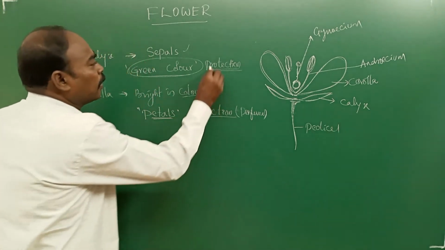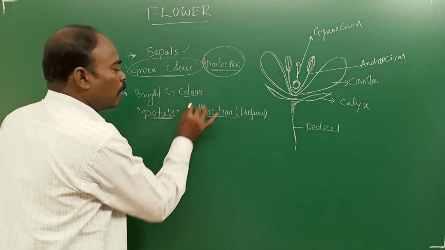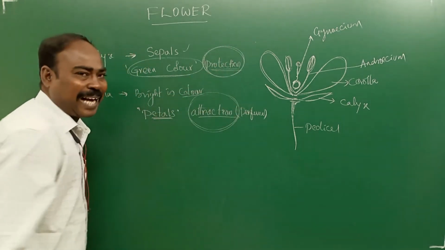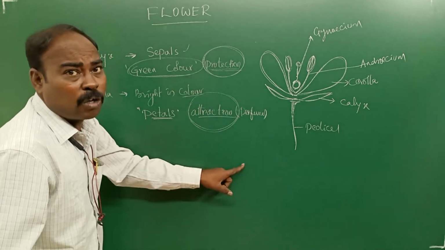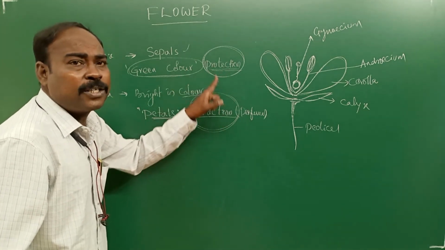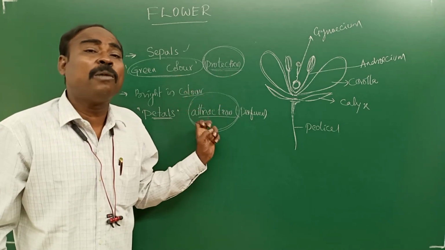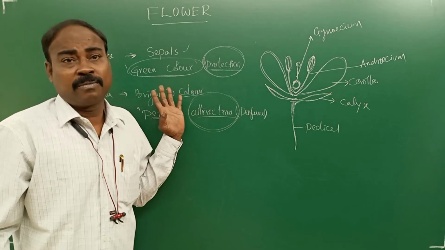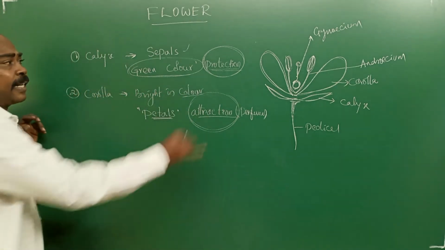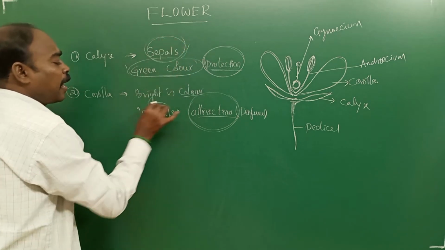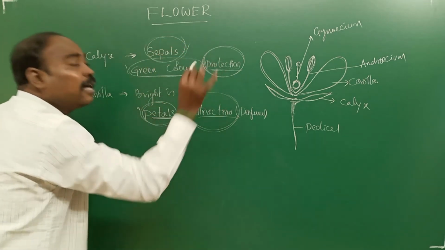So here sepals are useful for protection, petals are useful for attraction only. There is no direct involvement in pollination and fertilization. The calyx and corolla, that is the sepals and petals, are supporting organs.